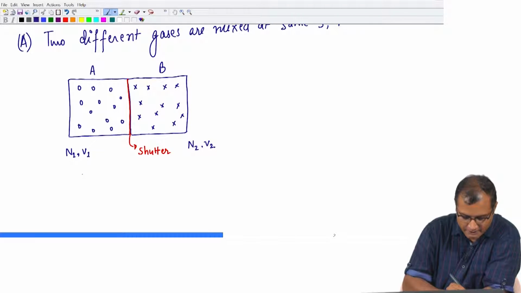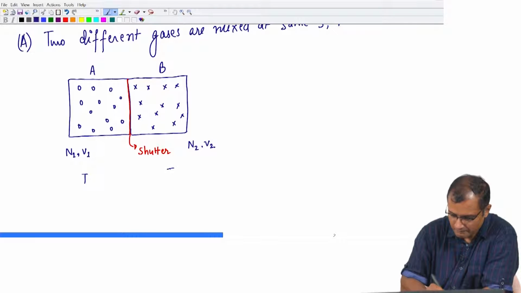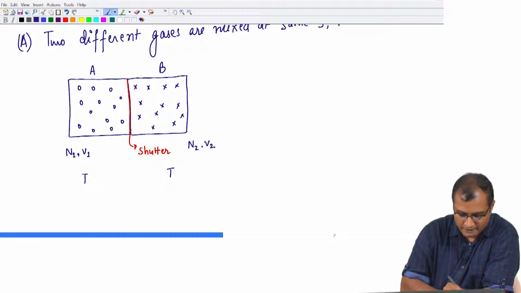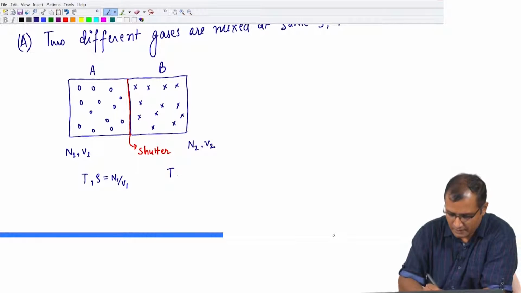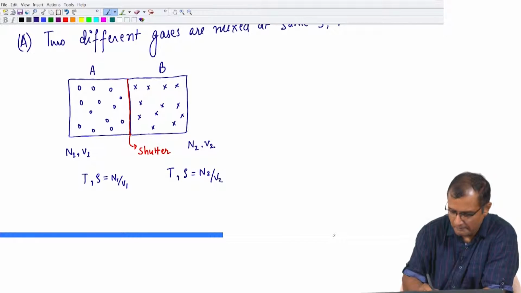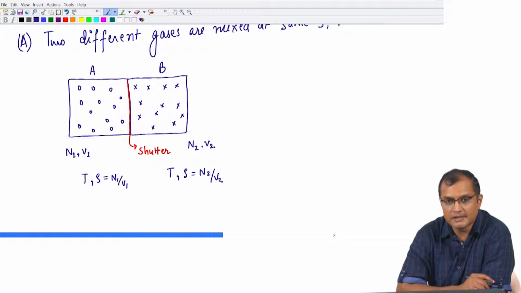I have taken the temperature to be same and I have taken the density to be same. So, the rho here is N1 by V1 and the density here is also the same. Number densities are taken to be the same.